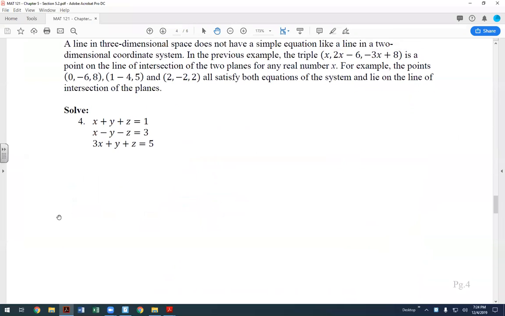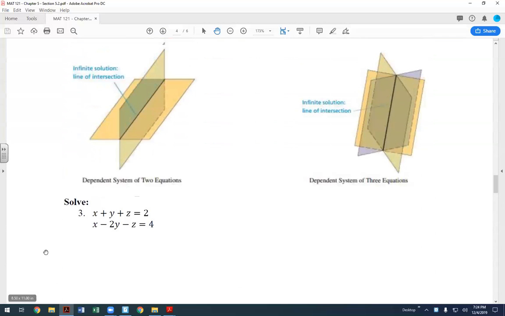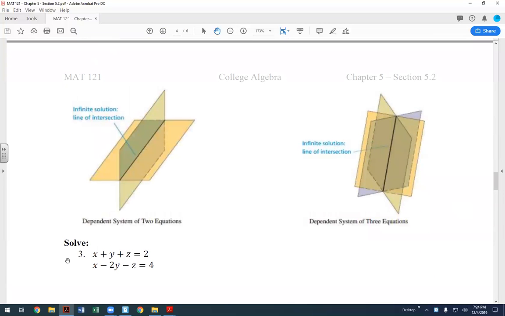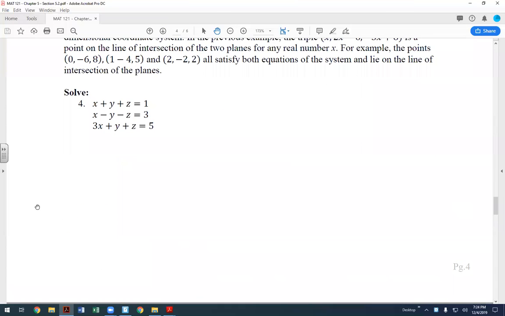Okay, I actually do want to look at an example for infinite number of solutions. This is basically the idea where your plane should be intersecting at a line, okay? So if there are 2 planes, they will also intersect at a line. If there are 3 planes, they can also intersect at a line. So I'm actually looking at the example with the 3 equations.